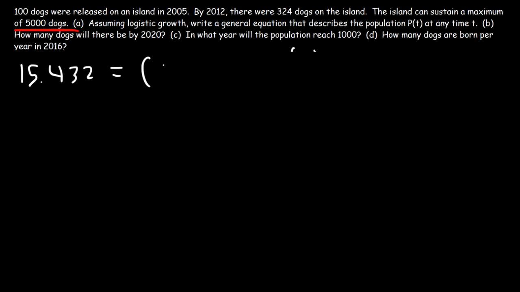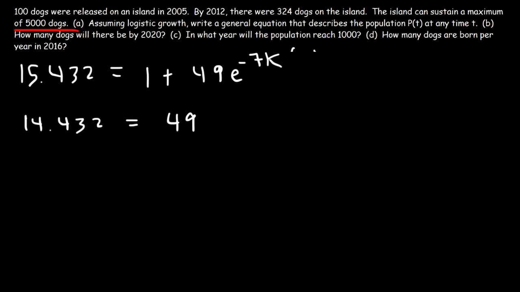And that's equal to 1 plus 49 e to the negative 7k. Subtracting both sides by 1, we're going to have 14.432 is equal to 49 e to the negative 7k.